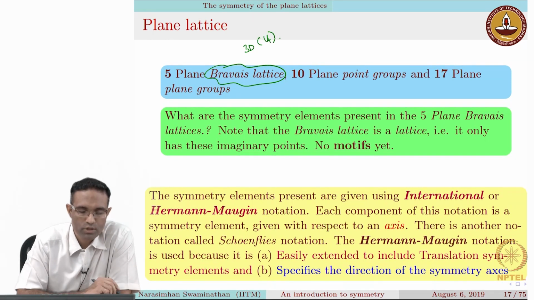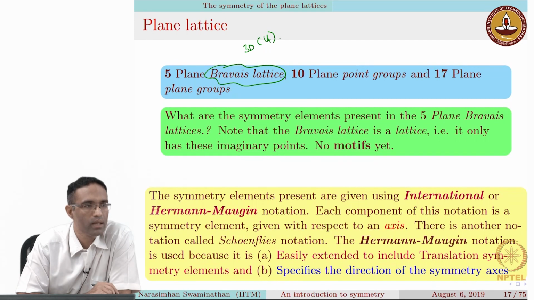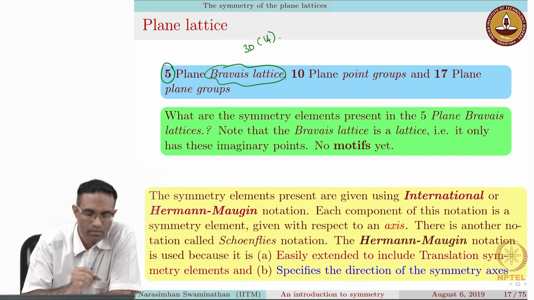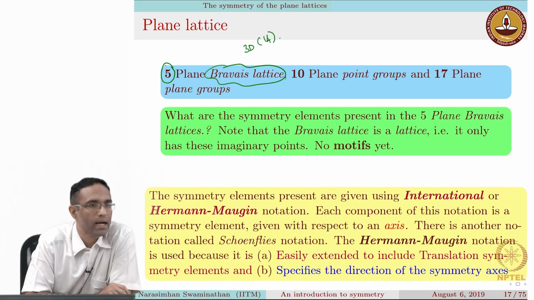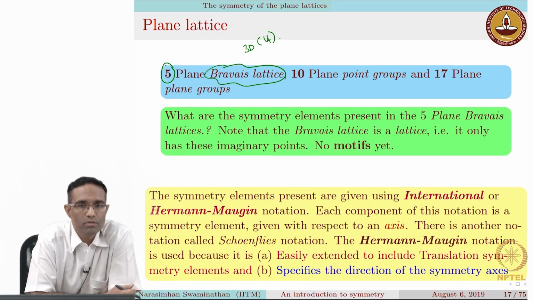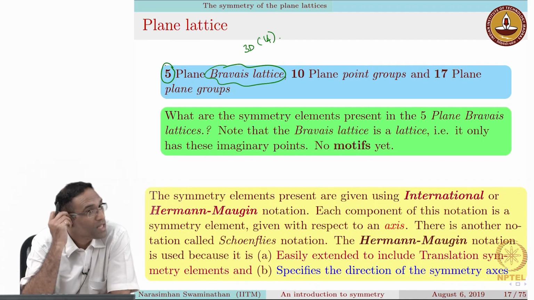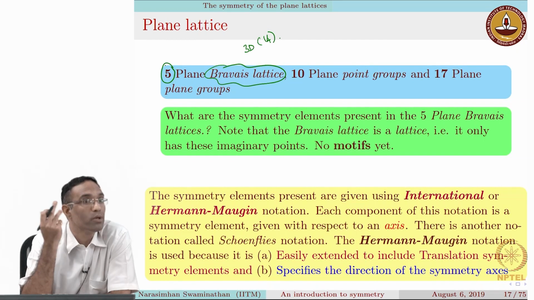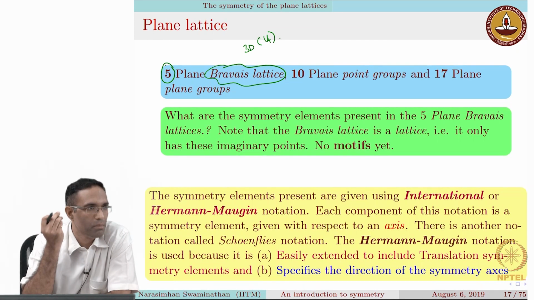It so happens that in 2D there are 5 plane lattices. We will look at the symmetry of the 5 plane lattices, and in the process of doing so, I will introduce what are referred to as the Hermann-Mauguin symbols that are used to represent the symmetry of the lattices, and hence also maybe 2D crystals. You will understand what exactly it means.